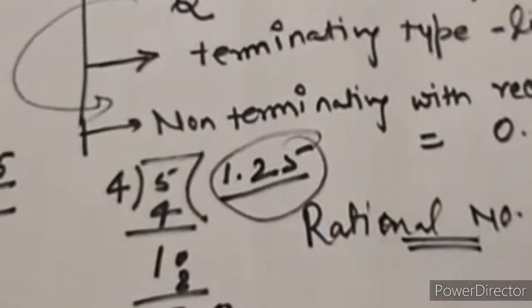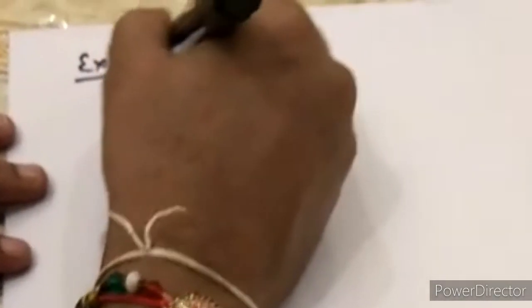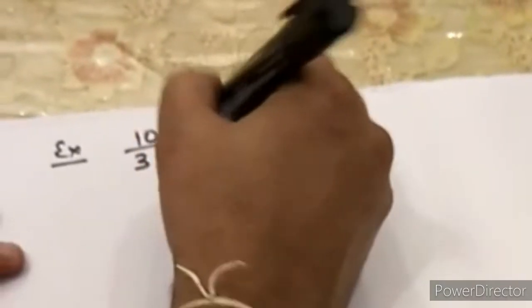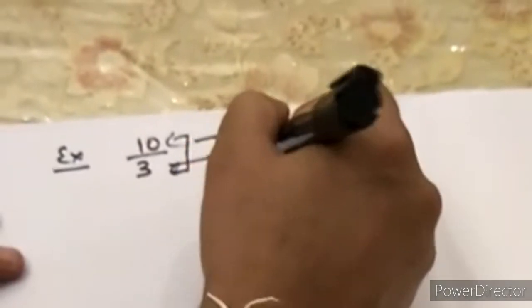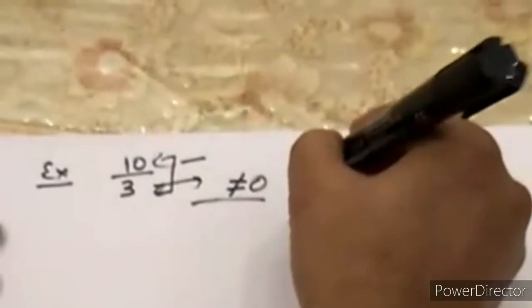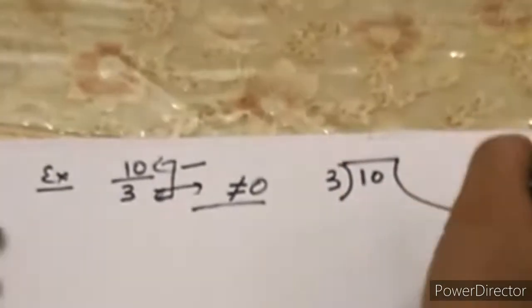Similarly, you can take other examples for finding out whether the given number is a rational number or not. A basic example in this series is 10 by 3. Whether the given number is rational or not, just apply the same principles. These are co-prime numbers because they don't have any common factors except one. They are integers and q is not equal to 0. So the final test is division.